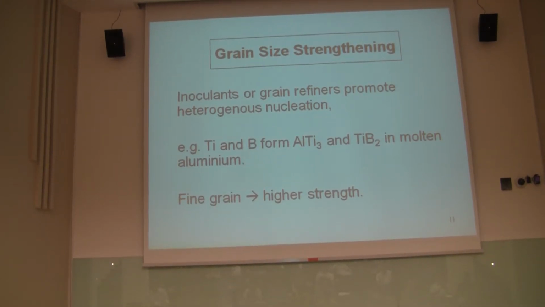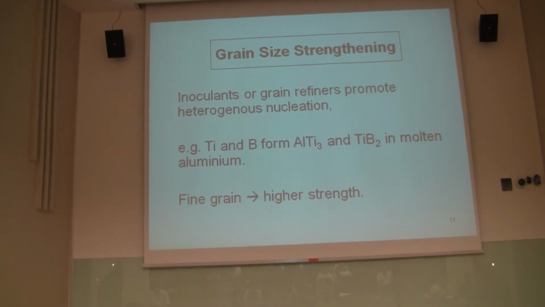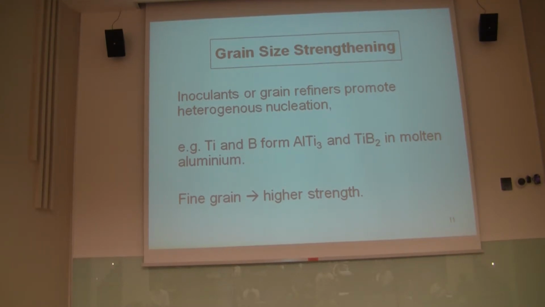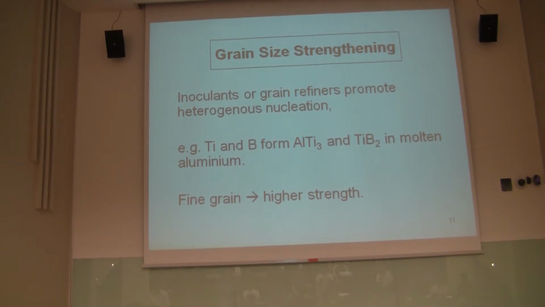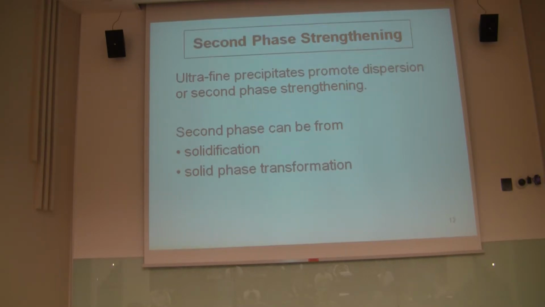Fine grain size strengthens because of the grain boundaries. I can either add solid particles into my molten metal, or I can add alloying elements. These alloying elements will dissolve into the molten metal, and then they will react to form solid particles.